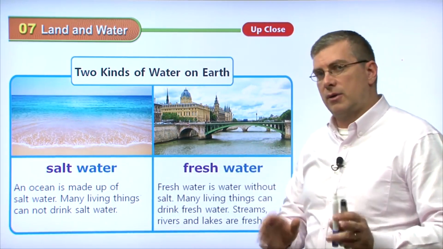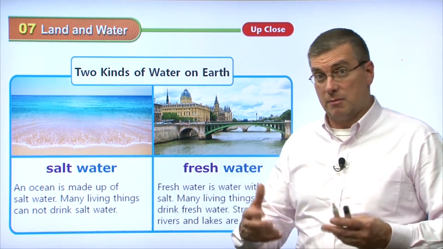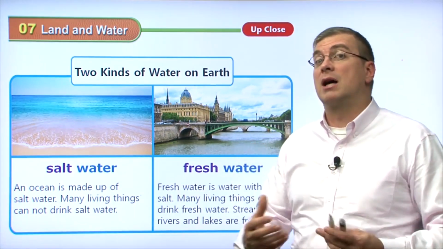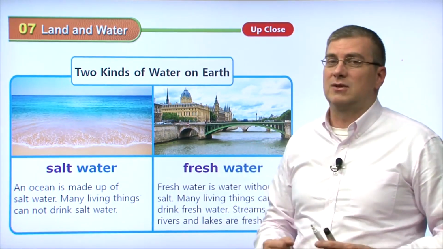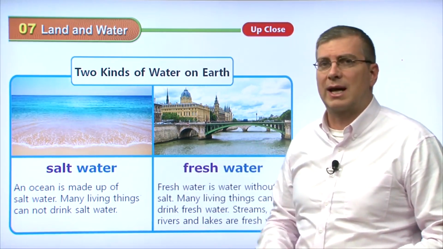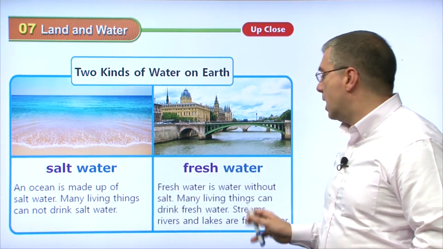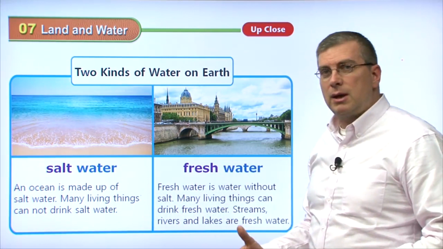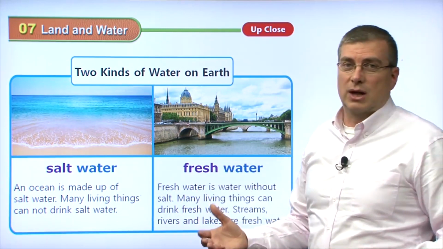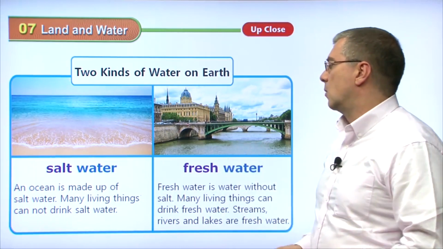But always be careful about drinking water in the wild because sometimes there might be some bacteria or bugs in that water that could make you sick. So be careful. Ask people, is this water safe to drink? Okay, but usually fresh water, people can drink it. Animals, of course, can drink it. Animals don't have to worry about those types of things. They just go down, they drink the water.